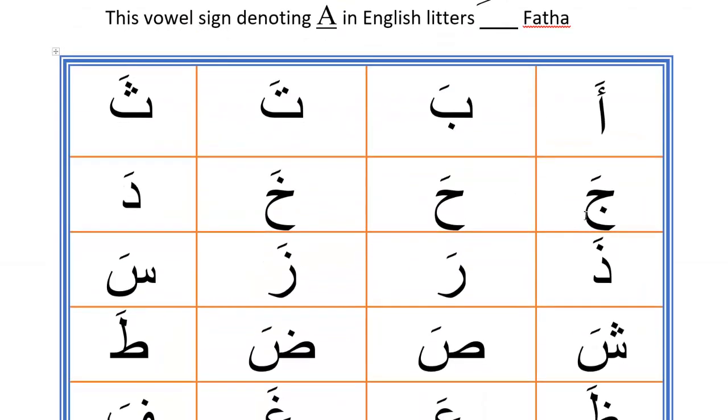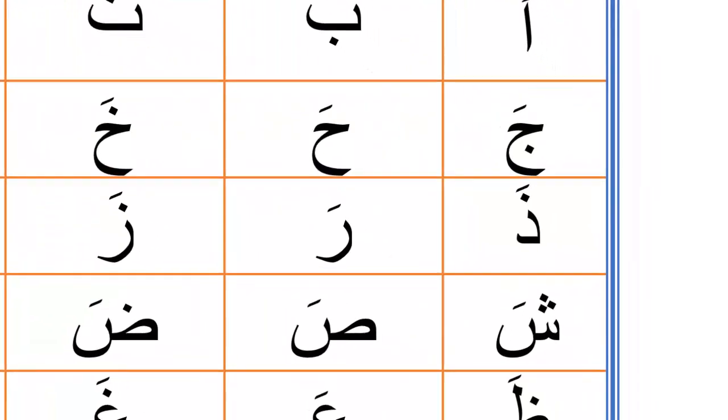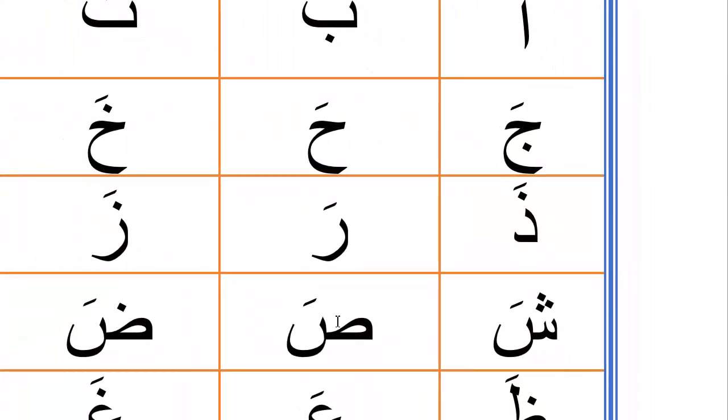but you just have to read or pronounce them exactly like this, a, like ba, ta, tha, ga or ja, ha, kha, da, dha, ra, za, sa, sha, sa.